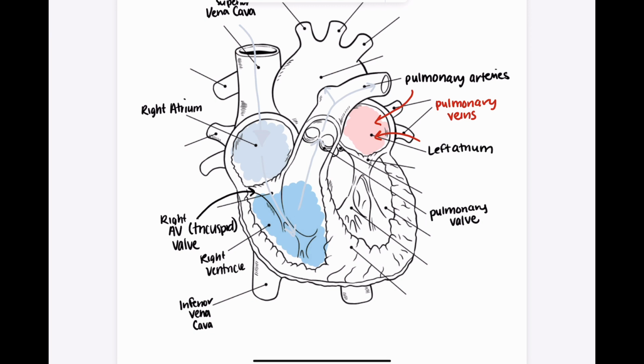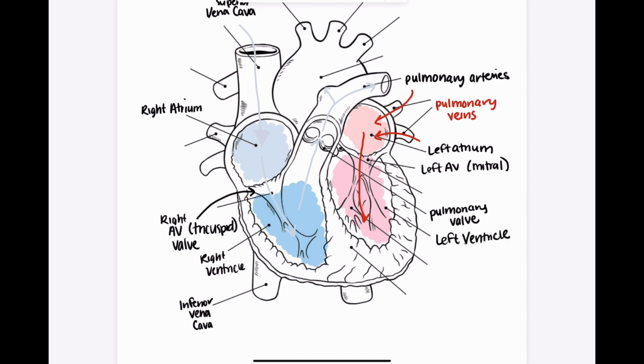That blood is going to go through the left AV valve, also known as the mitral valve, into the left ventricle. So this is the left AV, also known as the mitral valve. It's going to go into our left ventricle.